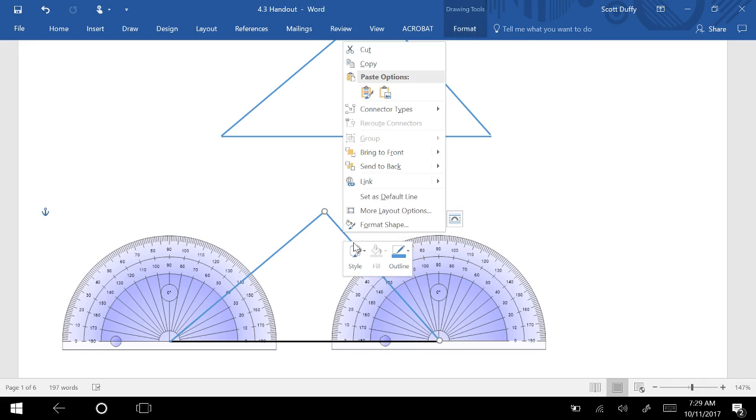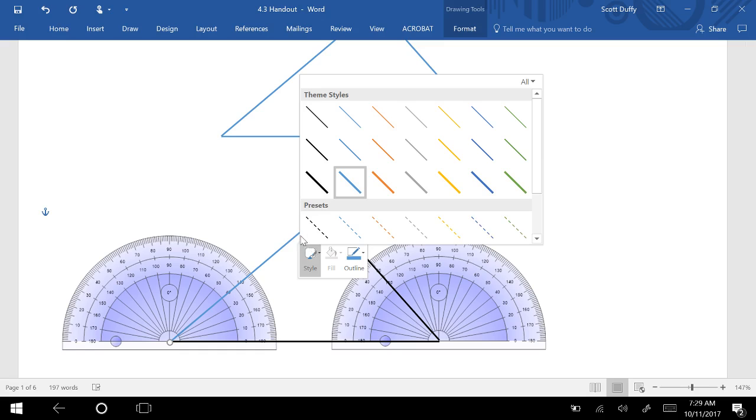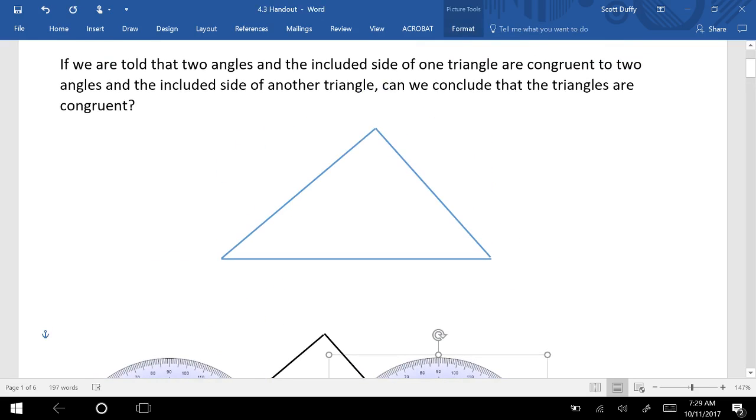I guess I can turn that to black. And those two work.